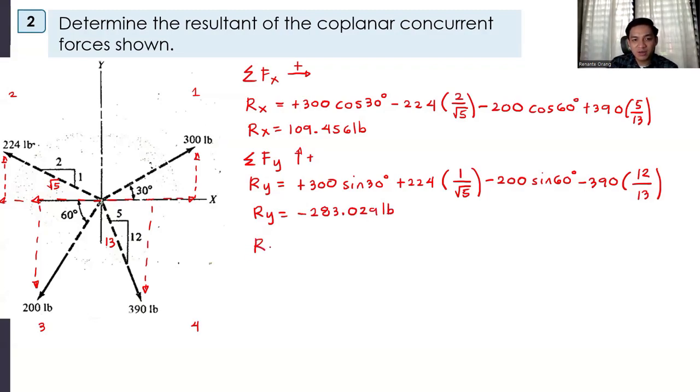We can solve for our resultant that is equivalent to the square root of our negative 283.029 squared, which is our Ry squared, plus 109.456 squared, which is our Rx squared, then lahat sila naka-square root.